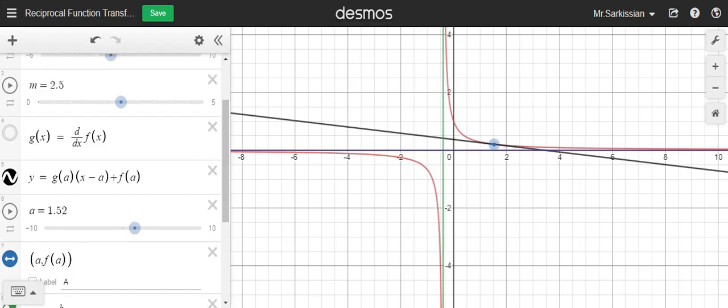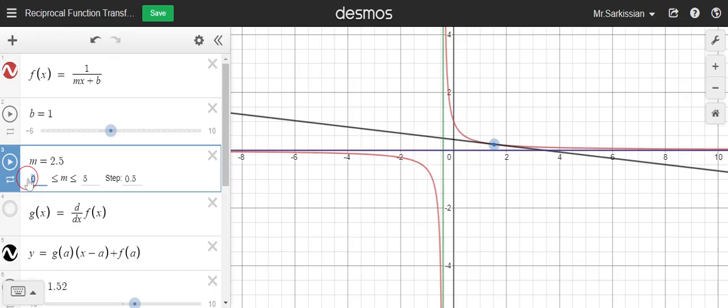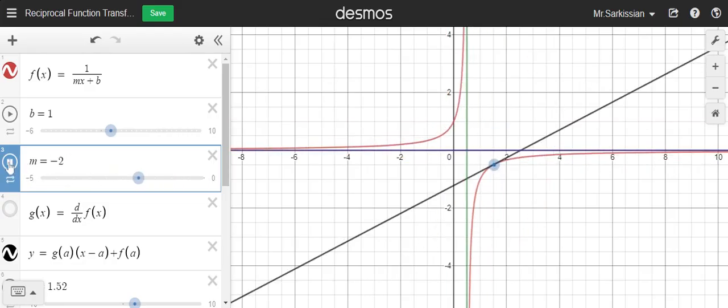Now, what happens if m is negative? So I'm going to select a negative value, let's say negative 5, and I'll go up to 0 so that I exclude the positive values. And let's see what happens to the graph.